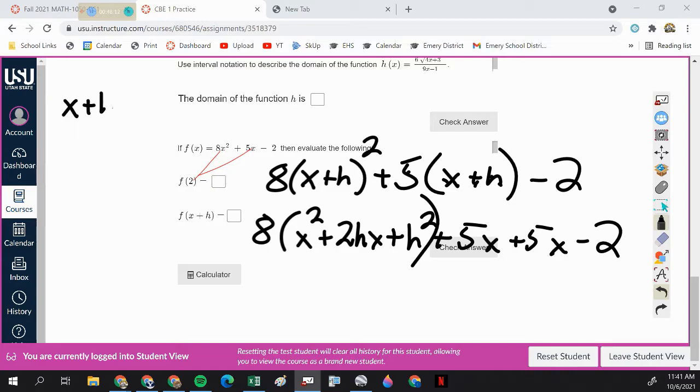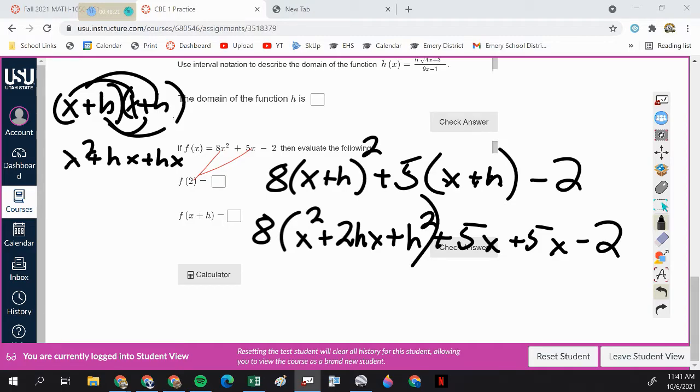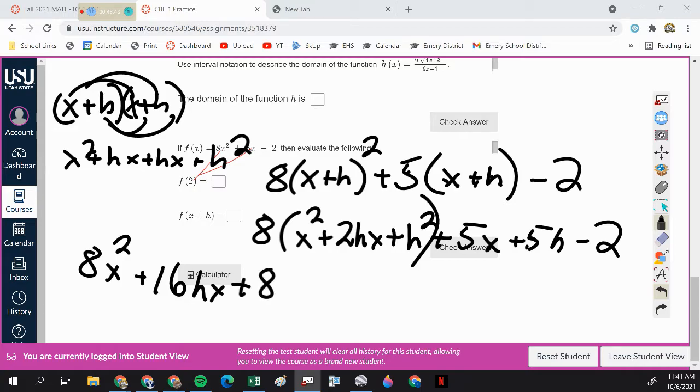So x plus h times x plus h, x squared, hx, hx, h squared. Oh yeah, thank you. So 8x squared plus 16hx plus 8h squared plus, oh, none of it goes together.